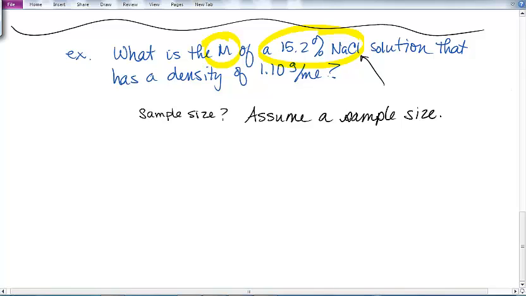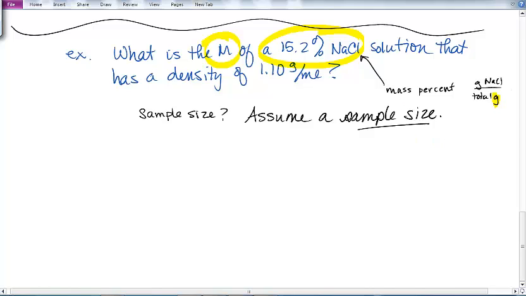Now notice, you guys, I just said 15.2% sodium chloride. Don't ask me if that's a percent by volume. It's not. This obviously is referring to mass percent because I'm not told otherwise. So that really is grams of NaCl over total grams. So I would probably want to choose a sample size that was in grams.